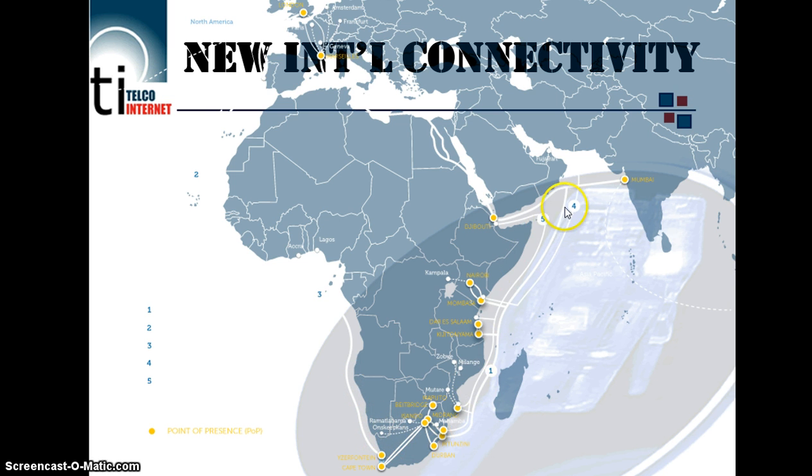So Seacom runs along the east coast of Africa. And as you can see, it has a number of docking points on the coast of Africa. And from those docking points, it then comes inland via underground cable, or sometimes terrestrial microwave, in order to get into the inland places.